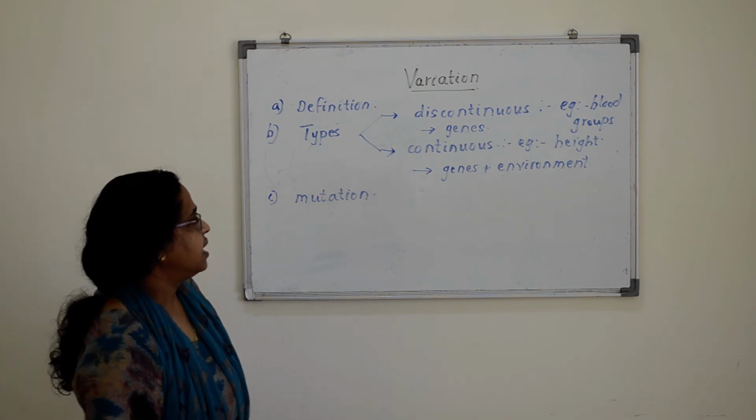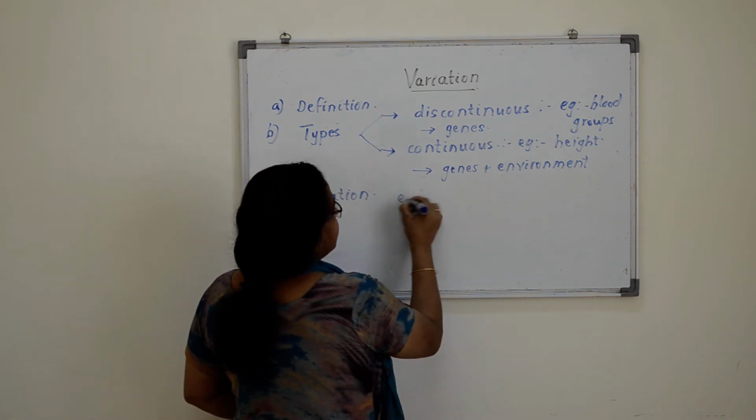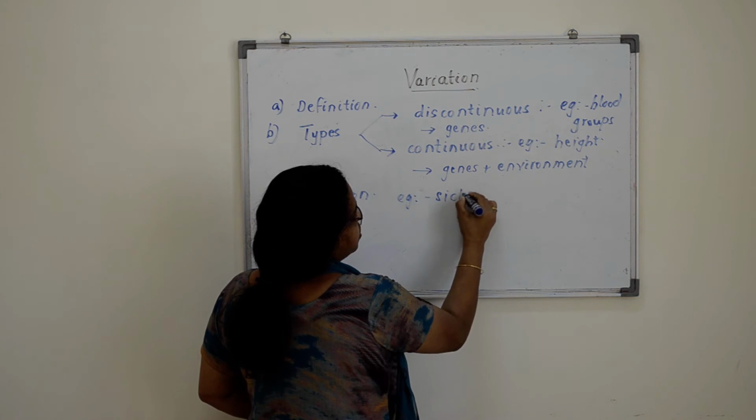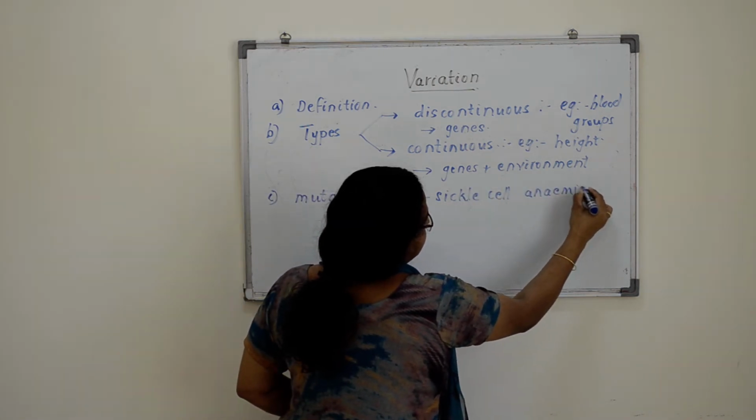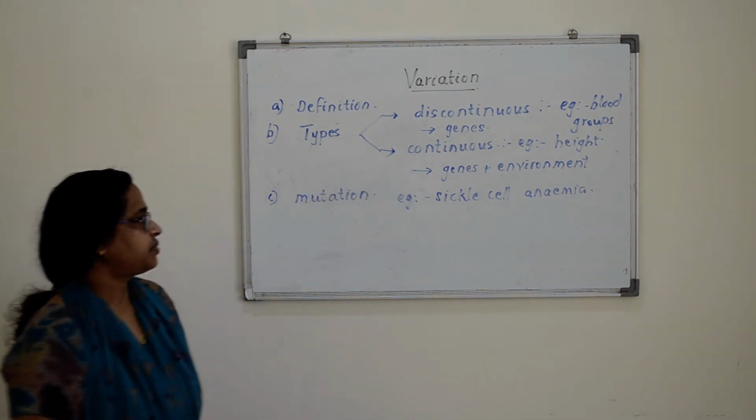For example, sickle cell anemia is simply because of a sudden change in the gene. So, it is gene mutation.